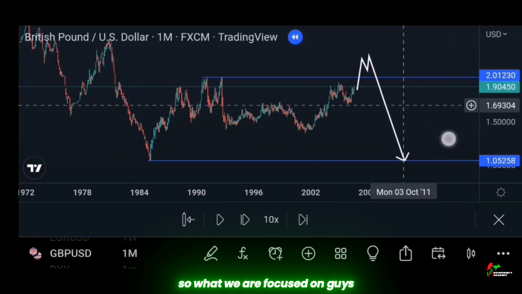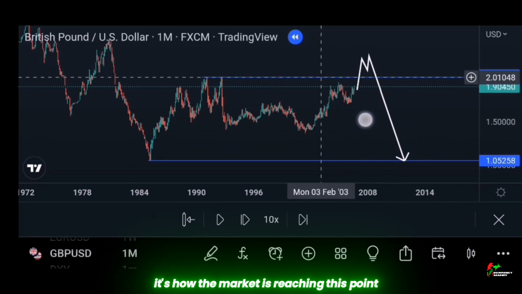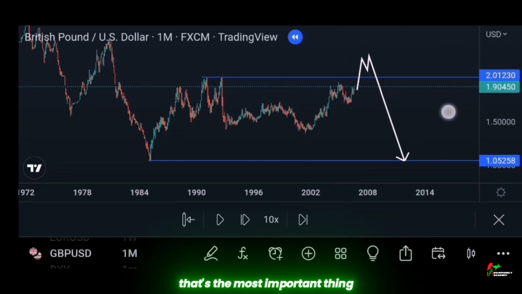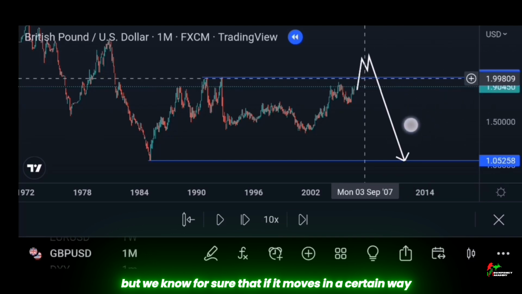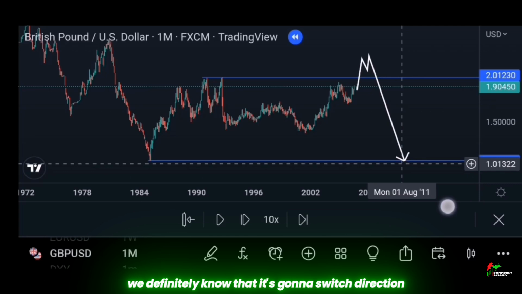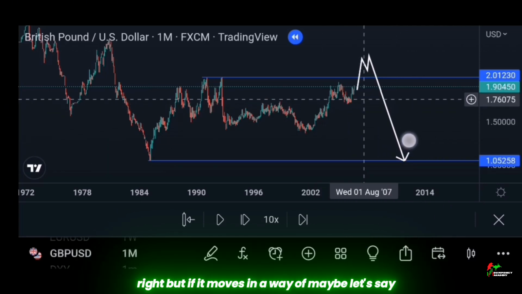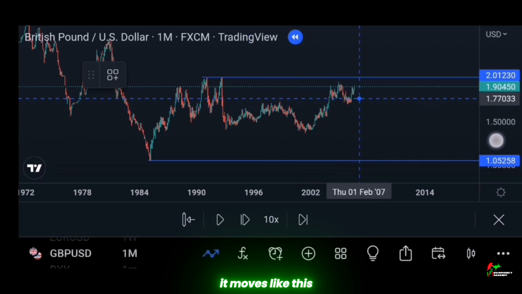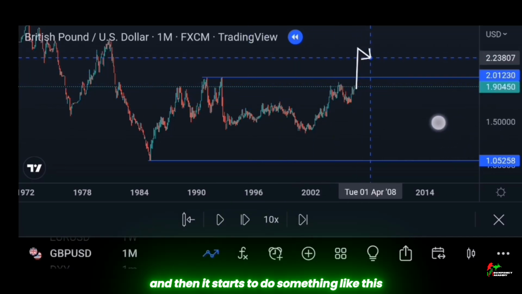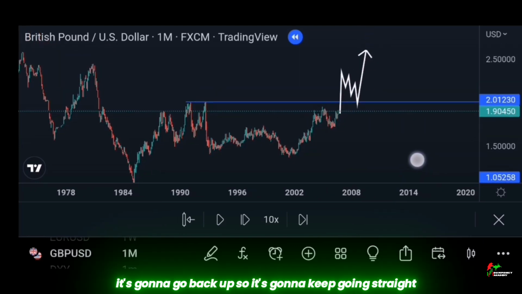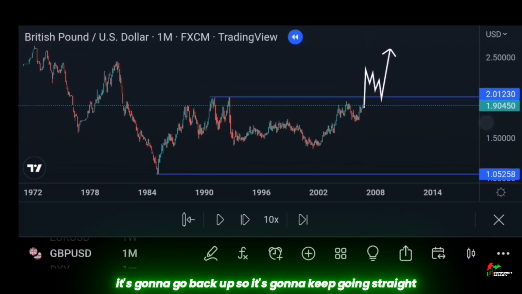What we are focused on, guys, is how the market is reaching these points. That's the most important thing. If it moves in a certain way, we definitely know it's going to switch direction. But if it moves like this and then starts to do something like this, it's going to go back up and keep going straight.